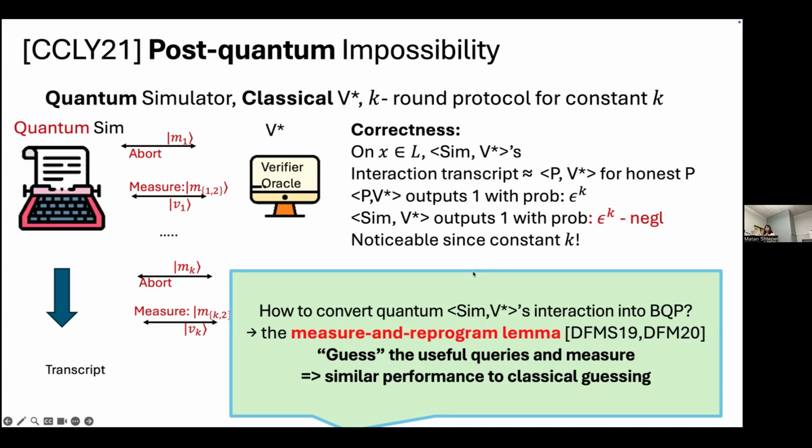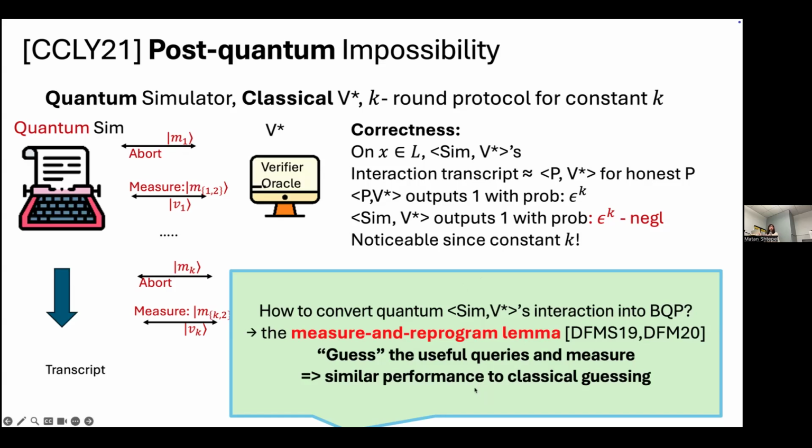But magically there is this very interesting quantum random oracle technique called measure and reprogram. The technique is already in the name: I'm going to let V star use a random oracle to decide whether to abort, but I'm going to measure K randomly chosen messages, reprogram the random oracle on those messages to make sure that they are not aborted, and answer these messages.